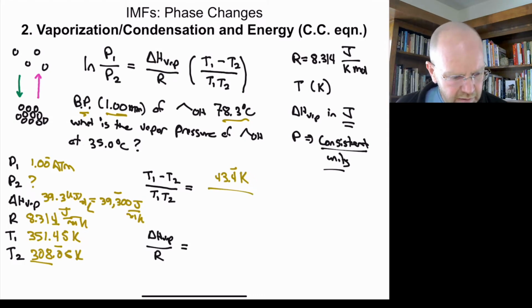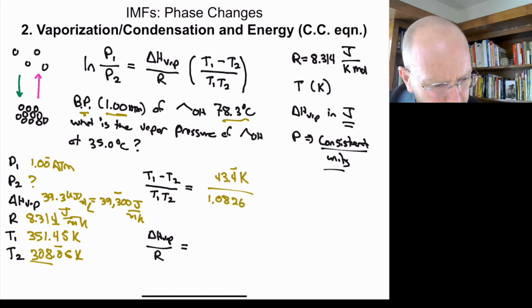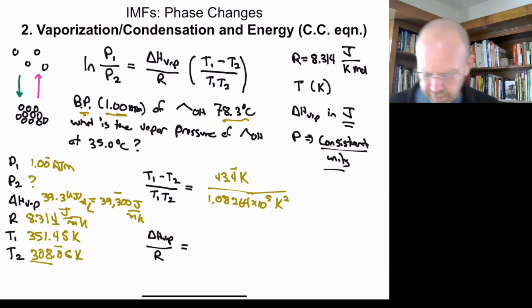And then when I take the quotient, I'm going to get a big number, so I'm going to use scientific notation. My calculator gives me 1.0826, and there's a 4 after that, times 10 to the 5th. And because I'm multiplying two things that have Kelvin as units, it's Kelvin squared.